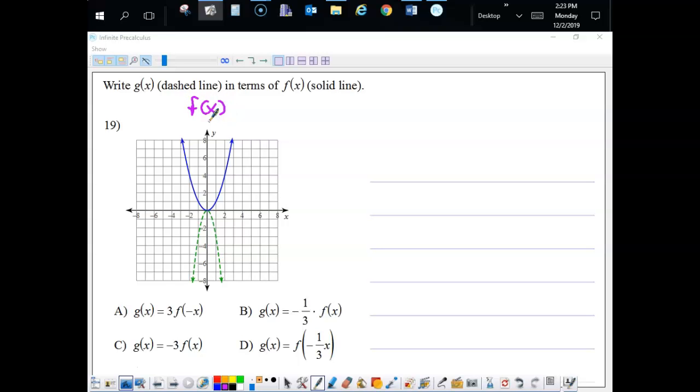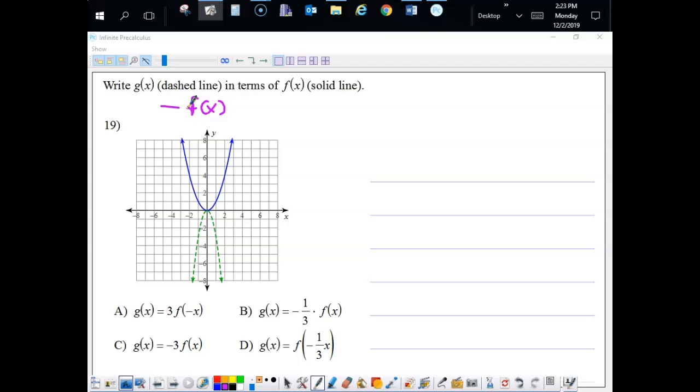Okay, so what's one thing that's happened here? It's definitely flipped, so is my negative inside or outside? Has it been flipped vertically or horizontally? It's vertically, so it's outside. Now, you also notice that it's skinnier, right? There are 2 ways that you can get a graph to be skinnier.